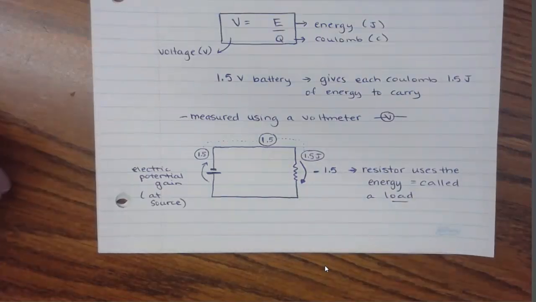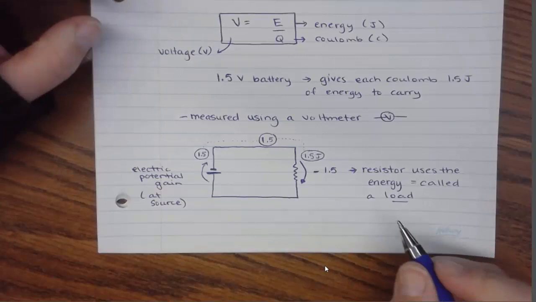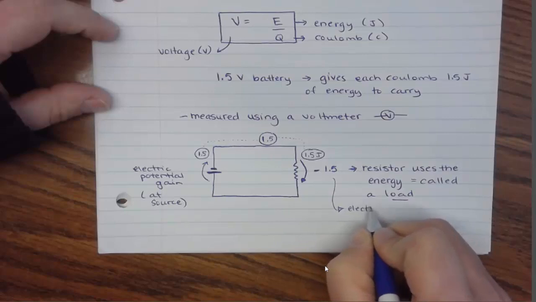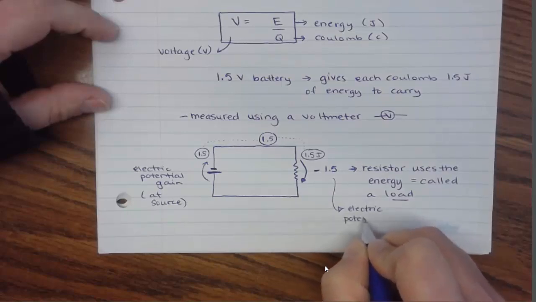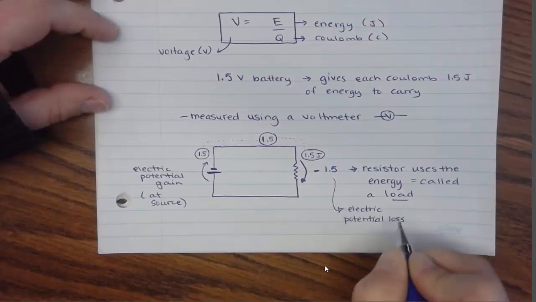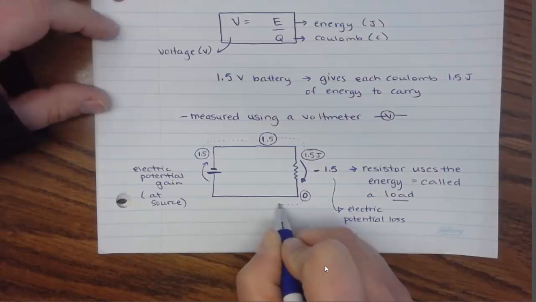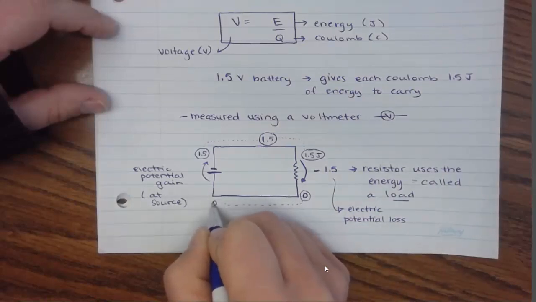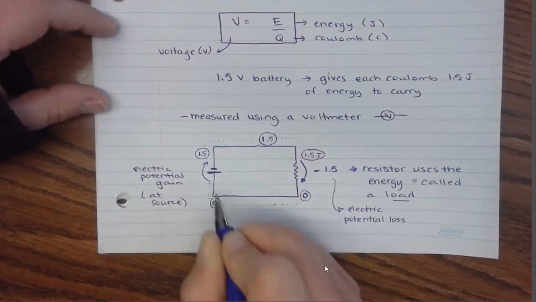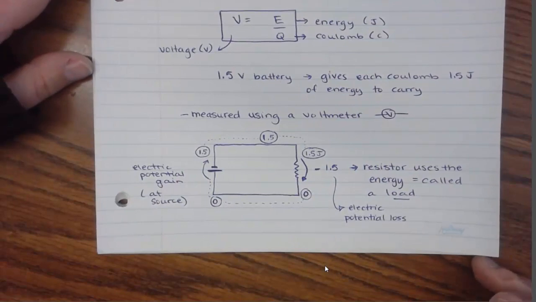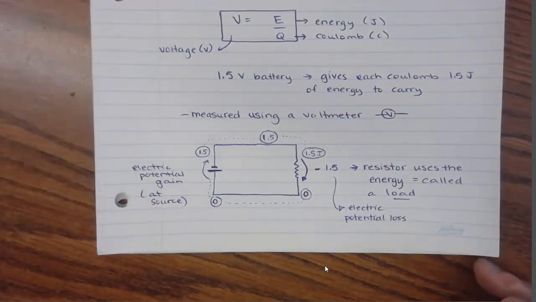So it uses up the energy in the circuit. Anything that takes the energy out. And so here what we've got is an electric potential loss. And so now they have 0 energy left, and they go back with 0 energy to the battery, and they pick up another 1.5 joules of energy. So that's how it works with an electric potential gain and an electric potential loss.